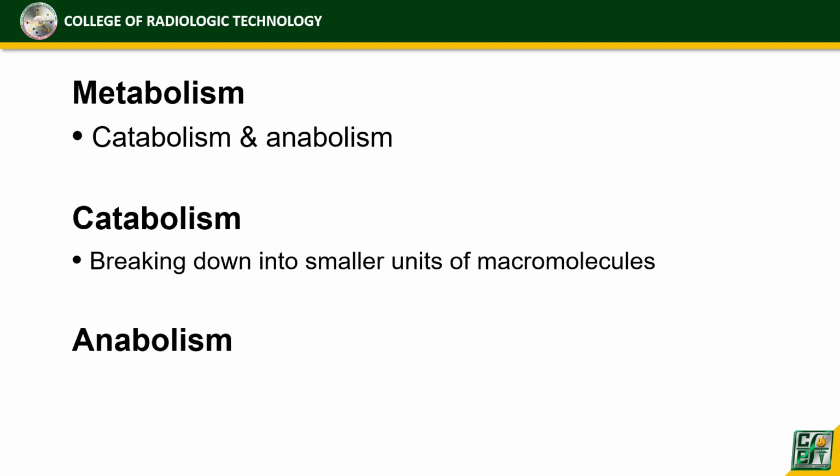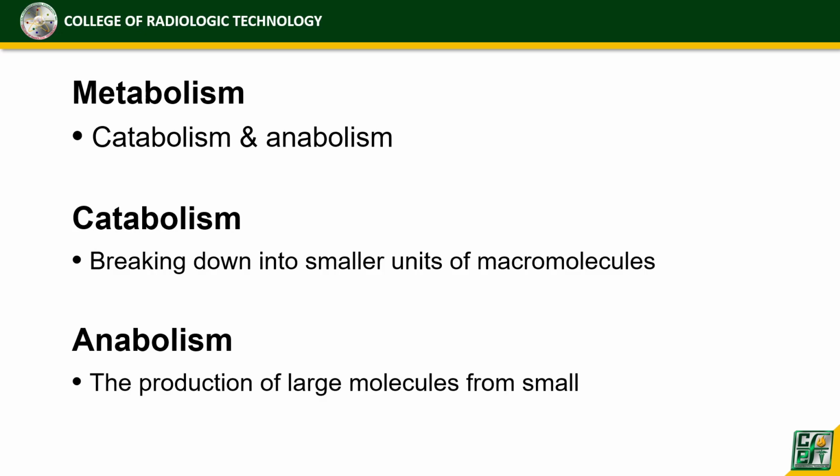So catabolism, when we say catabolism, okay, it is the breaking down of macromolecules into smaller units. Okay? While anabolism is the building up of small macromolecules into larger macromolecules. Okay?